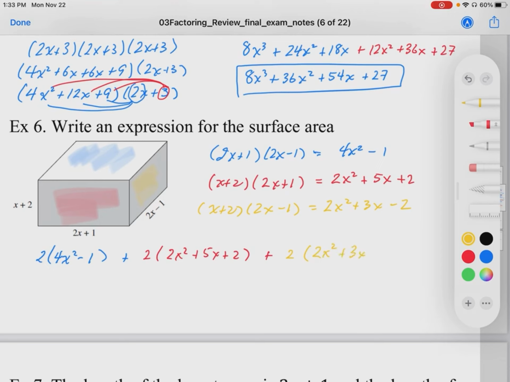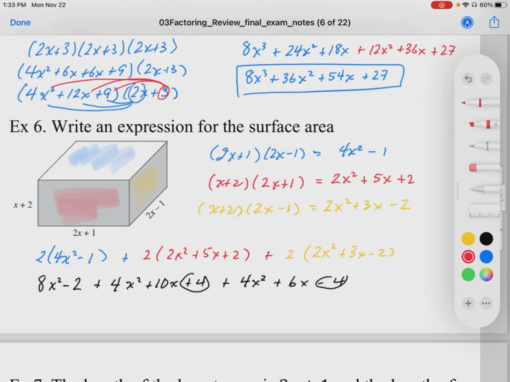It's a little bit hard to see that color, but there it is. I'm going to switch to black here. I'm going to expand out and combine like terms. So 8x squared minus 2 plus 4x squared plus 10x plus 4 plus 4x squared plus 6x minus 4.